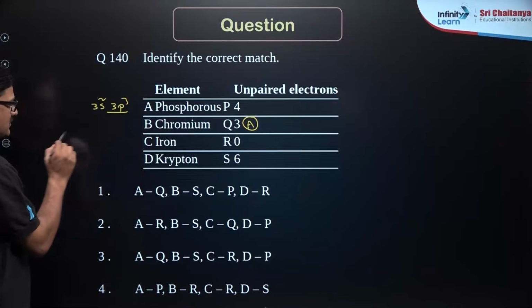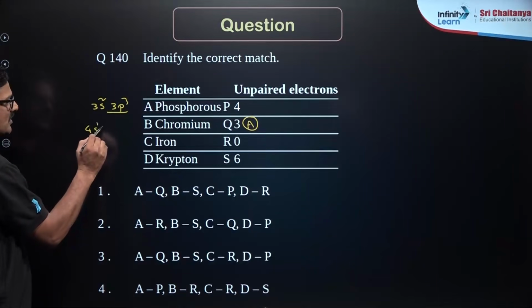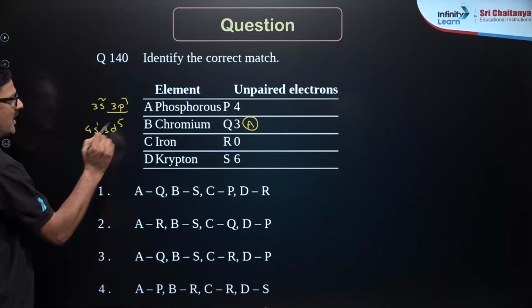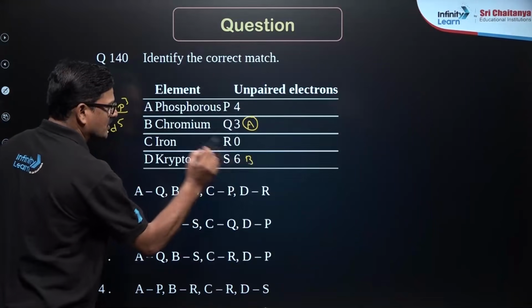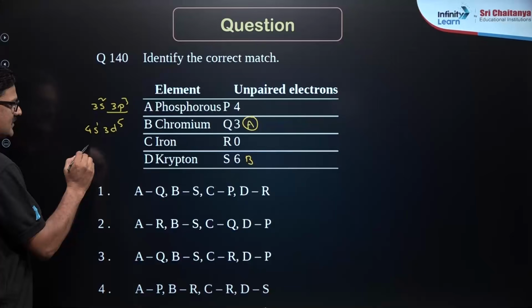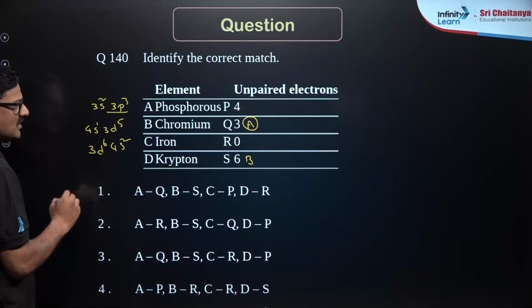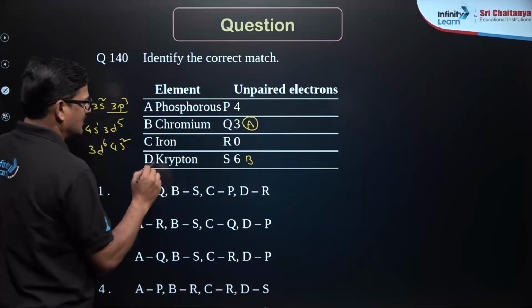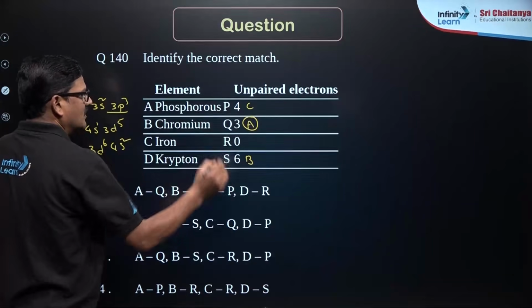And chromium electronic configuration is going to be 4s1, 3d5. I could find 6 unpaired electrons over here, so it is going to be B. Iron, 3d6 and 4s2, you are going to get 4 unpaired electrons. I just want to say for iron, you are going to see C.